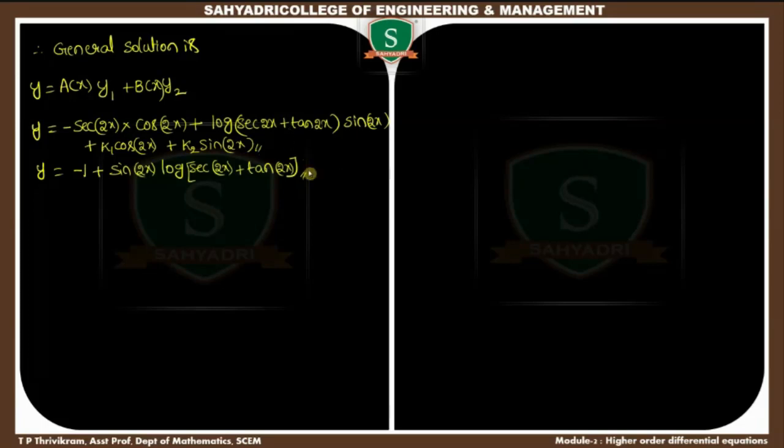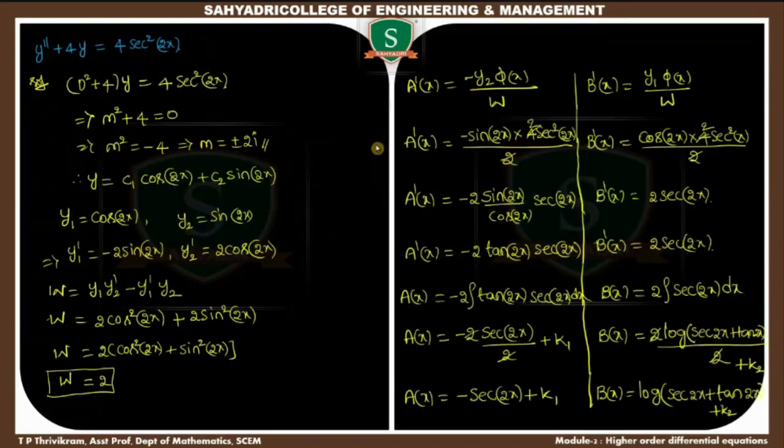Here also you can write it as K1 cos 2x plus K2 sin 2x. So in this way you'll get the answer. Fine. Let's go through it once.